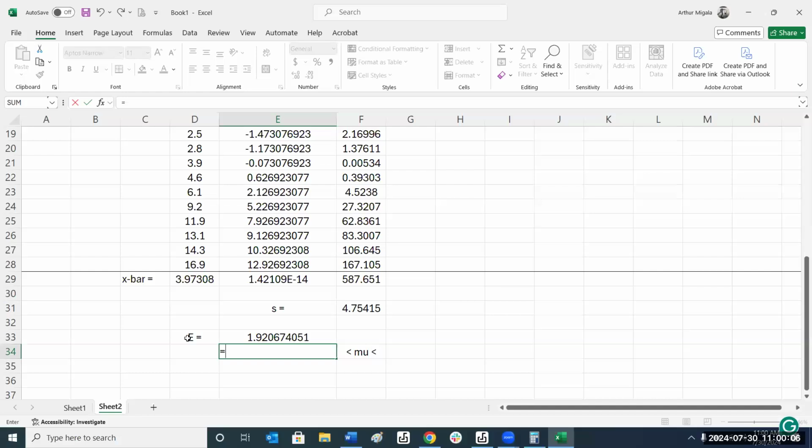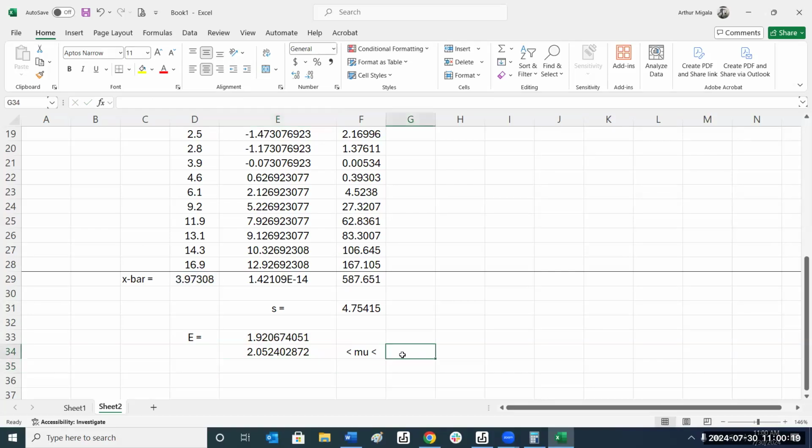So we have our mean minus the error, and then we have our mean plus the error.